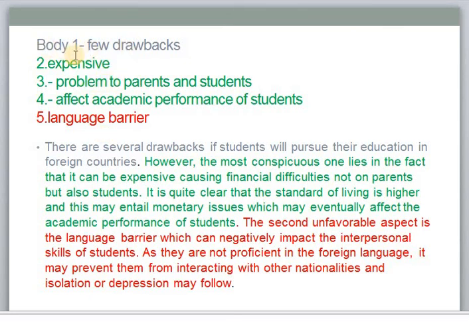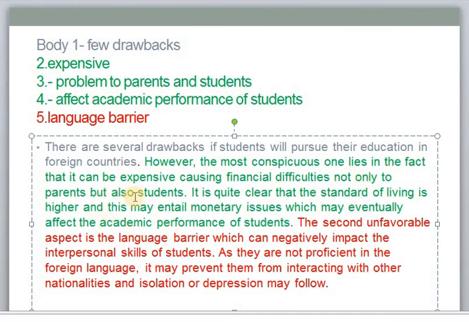Okay, so body 1, first topic sentence: there are several drawbacks if students will pursue their education in foreign countries. Expensive. However, the most conspicuous one lies in the fact that it can be expensive, causing financial difficulties not only to parents but also to students.